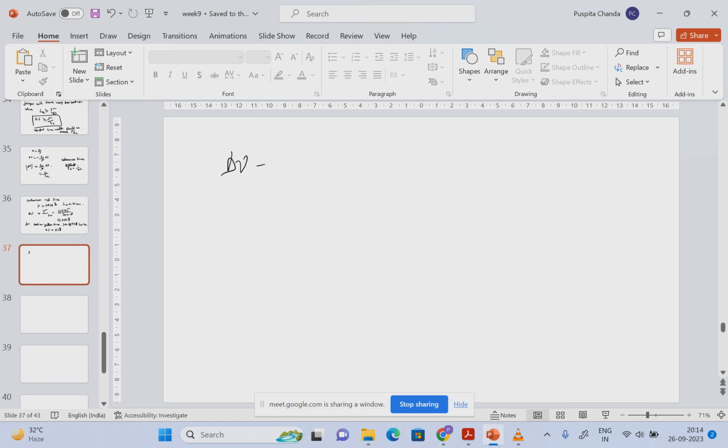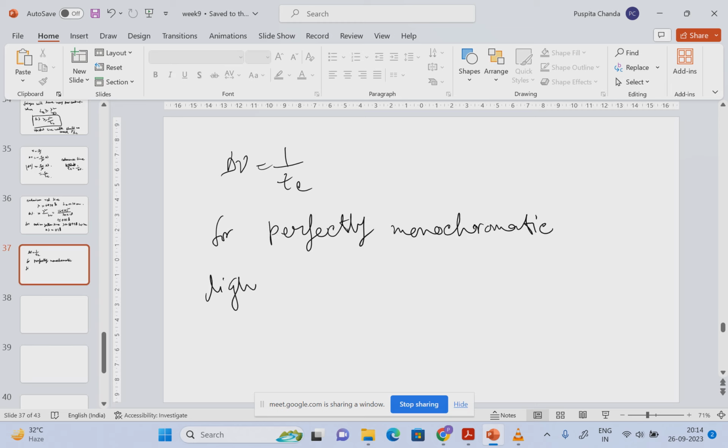So delta nu is equal to 1 by tau C. For perfectly monochromatic light, delta nu should be 0, so tau C should be infinity.